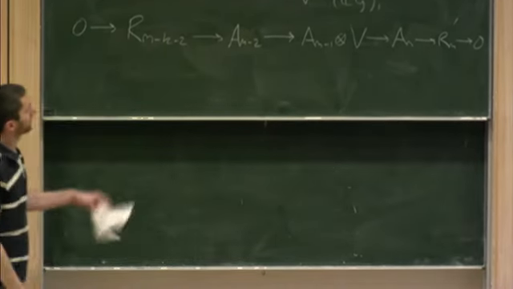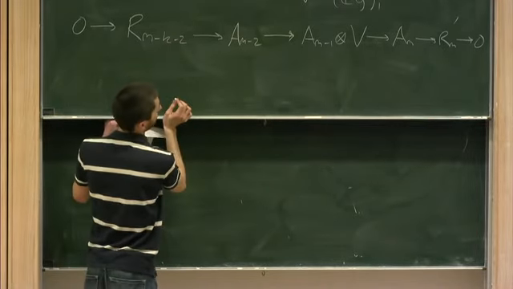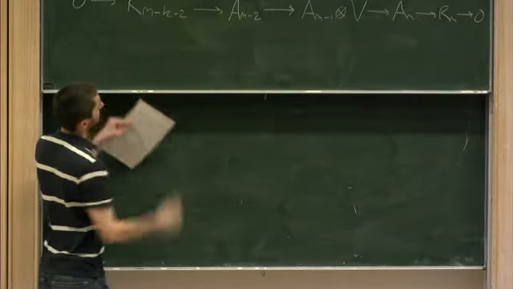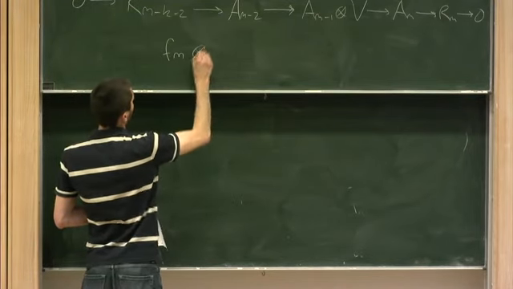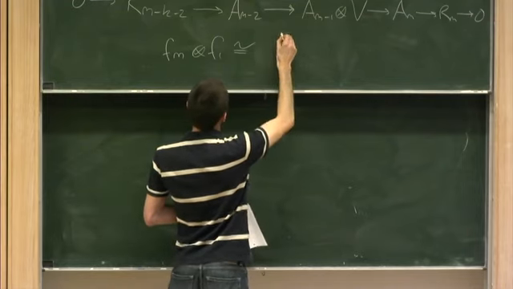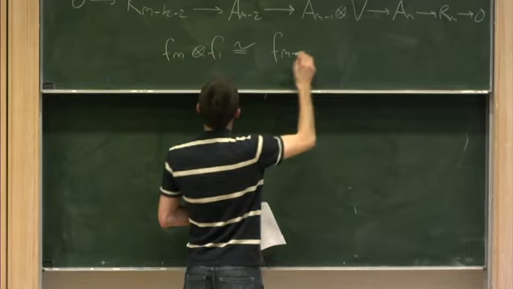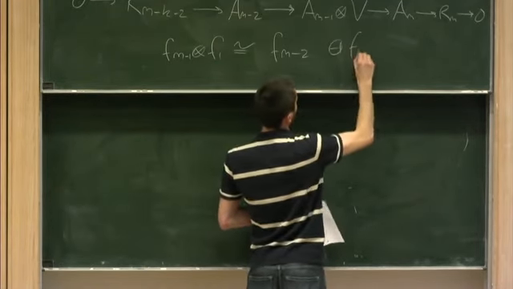Alistair wrote down essentially this. We have the fusion rules, the SU(2) fusion rules: Fm tensored with F1 is Fm+1 plus Fm-1. We shift it by 1, Fn minus 2.